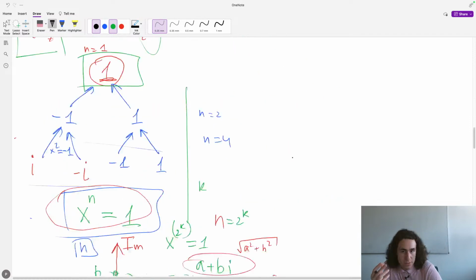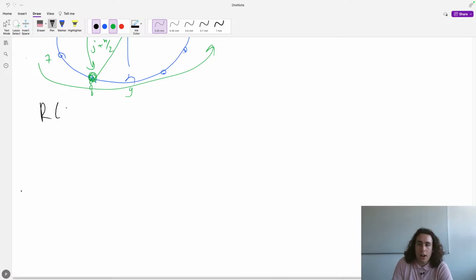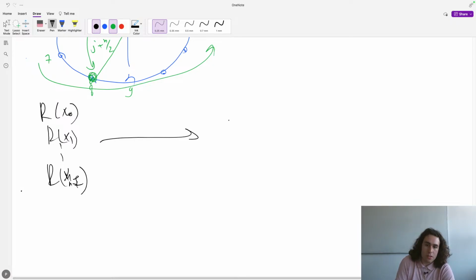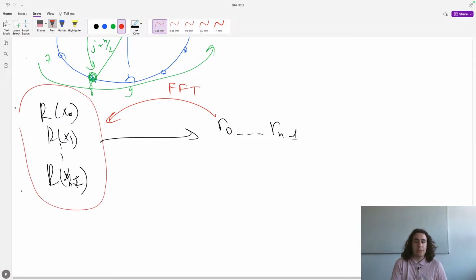But this is very simple because we have the values of r in a bunch of points, r at x_i, for i up to n minus 1, and we want the coefficients, right? I want to say that if we would already have the coefficients and we would apply FFT, we would get these values.